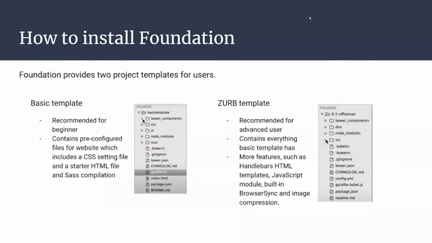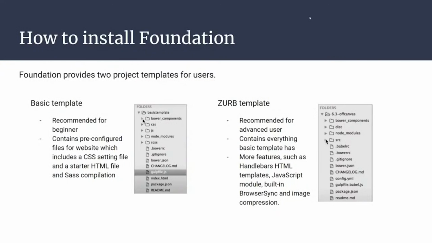After the installation, the Foundation package provides 2 types of web templates for users, Basic Template and Zurb Template. The Basic Template is recommended for beginners who want to get started on Foundation. It contains pre-configured files for websites, including CSS setting files and a starter HTML file, and even a Sass compilation tool.